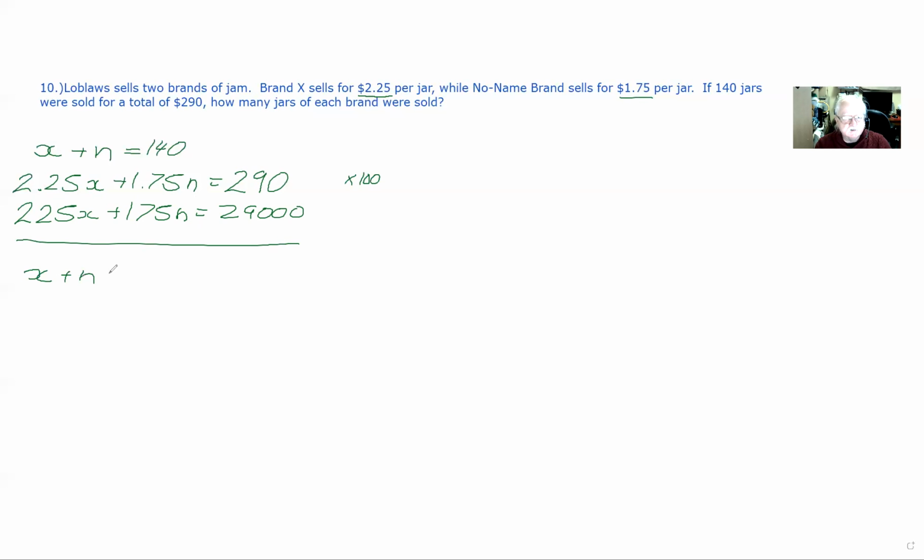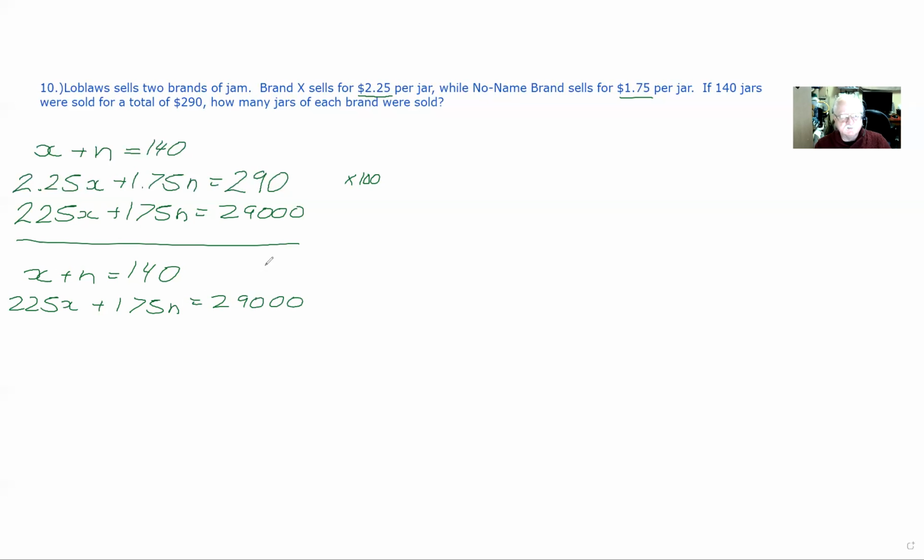X plus N equals 140. 225X plus 175N equals 29,000. So we've either got to multiply this first equation by 225 or negative 225 or by negative 175.